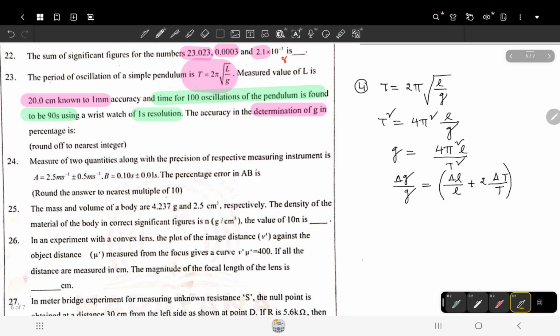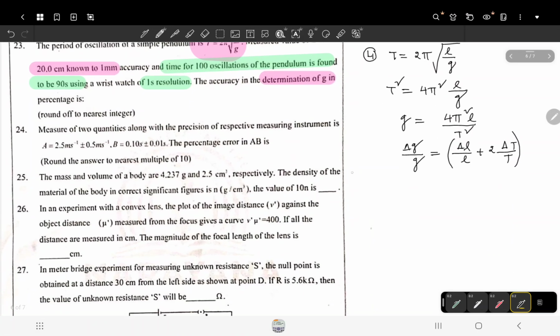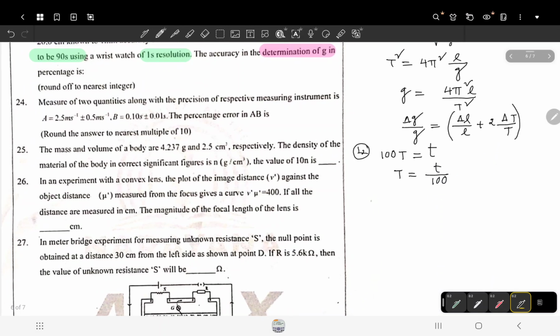But there is one more logic. For 100 oscillations, let's say each oscillation takes t seconds, and for 100 oscillations the time is T. Therefore t is equal to T by 100, for one oscillation. If I apply ln on both sides, ln t will be equal to ln T minus ln 100.